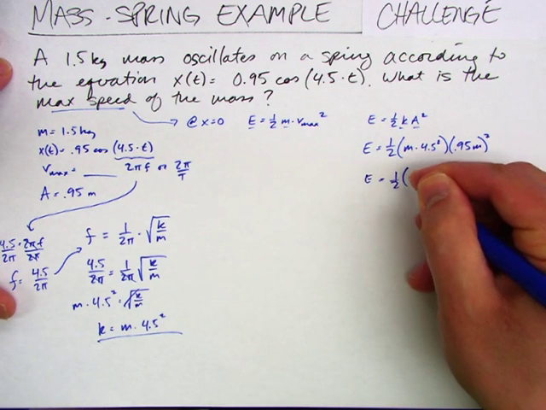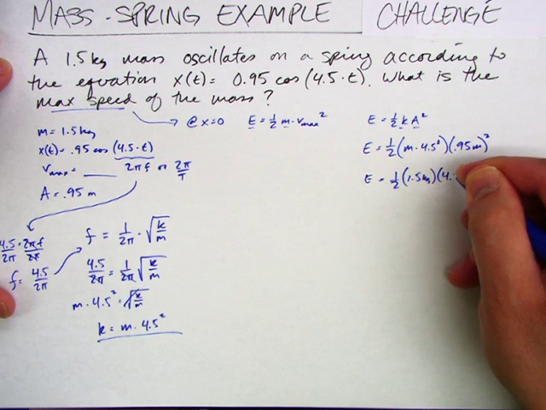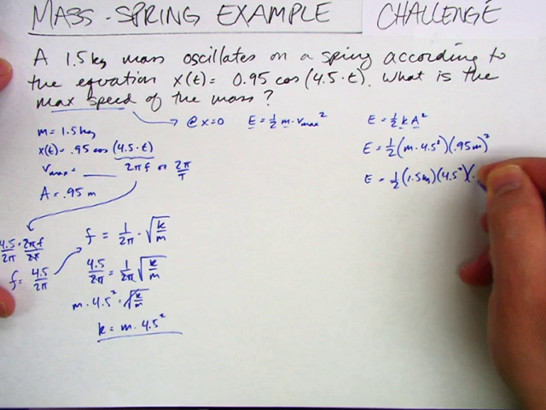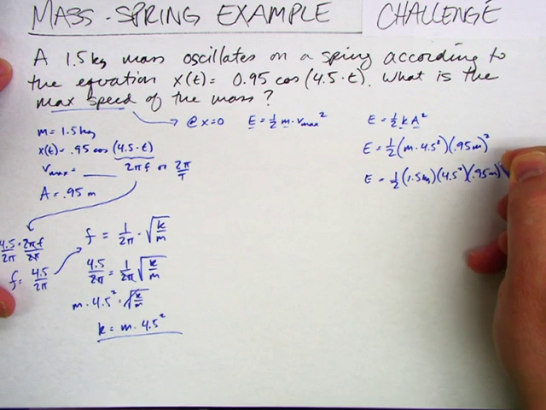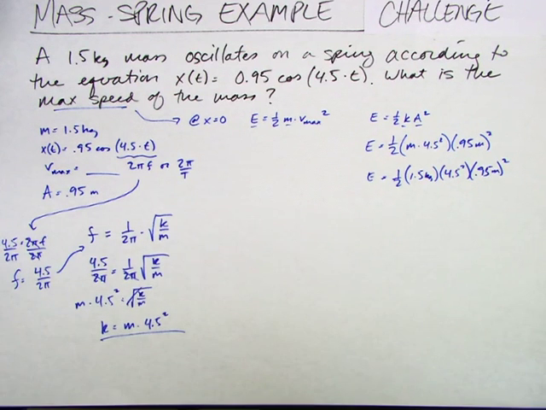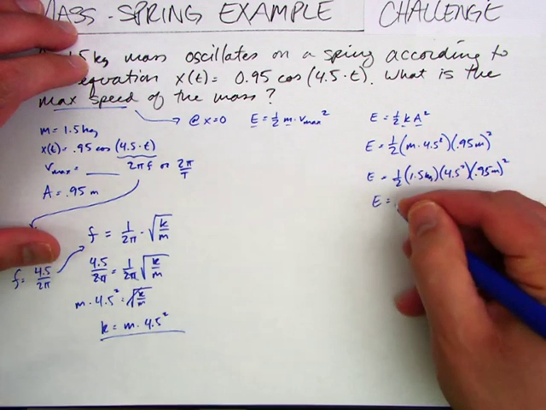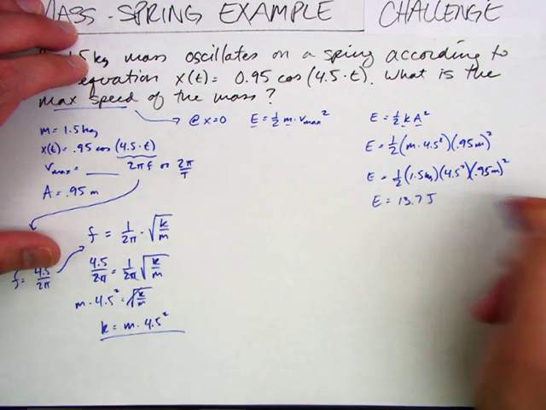My mass is 1.5 kilograms times 4.5 squared, times 0.95 meters squared. That gives me a total energy of 13.7 joules.